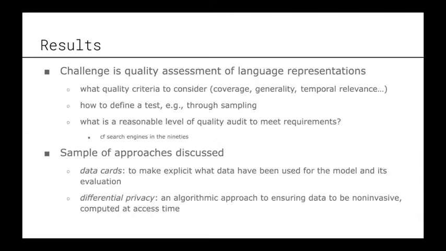So there were a number of challenges, and one of them was cross-cutting across all the various discussions we had. This is my take on it, and not everyone there might agree, but the major challenge is in general quality assessment.